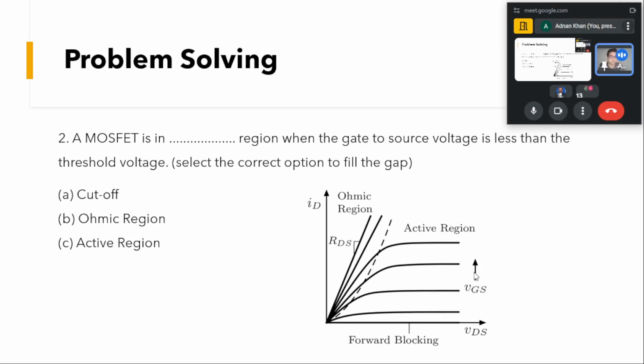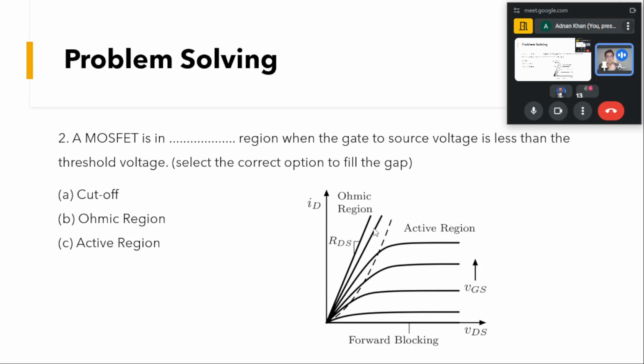As soon as we increase the VGS voltage, it moves from the cutoff region to the active region first, where we have constant current. But as we increase VGS further, after some point we move from the active region to the ohmic region, where we want our devices to operate, because in the ohmic region our current can rise to very high values, and at that time VDS will be very low, so the associated loss will be very small.